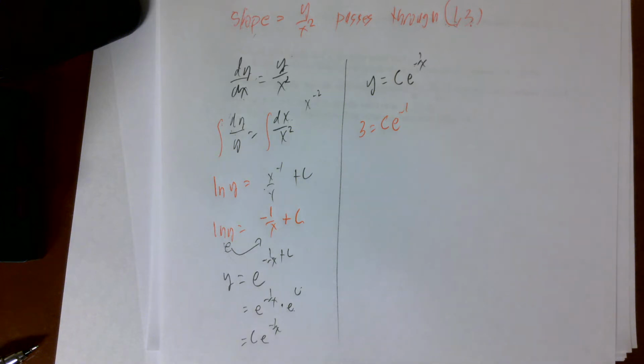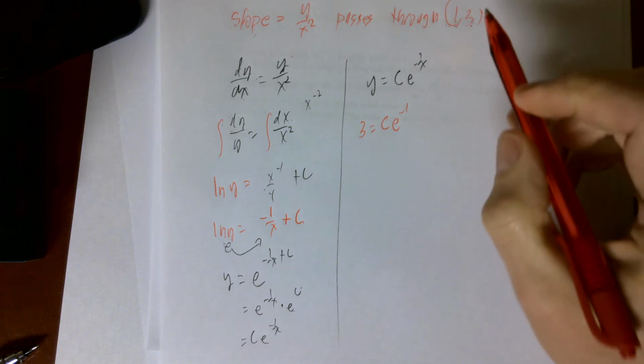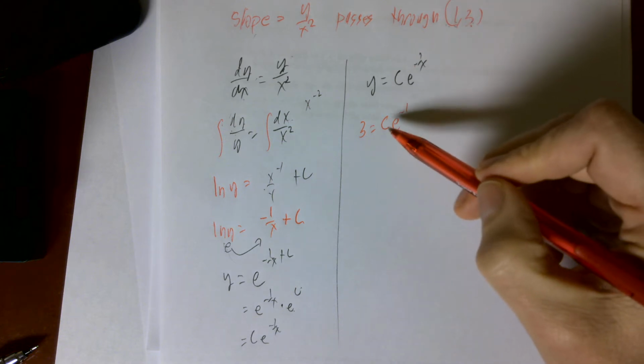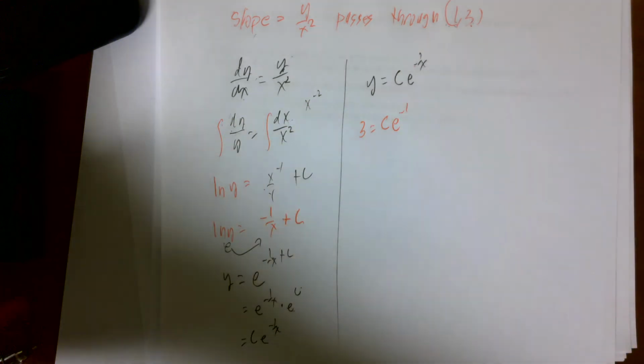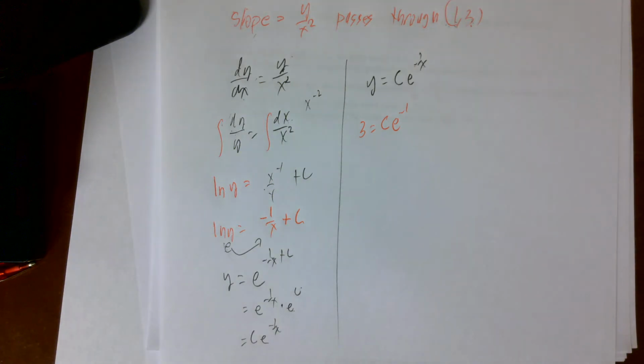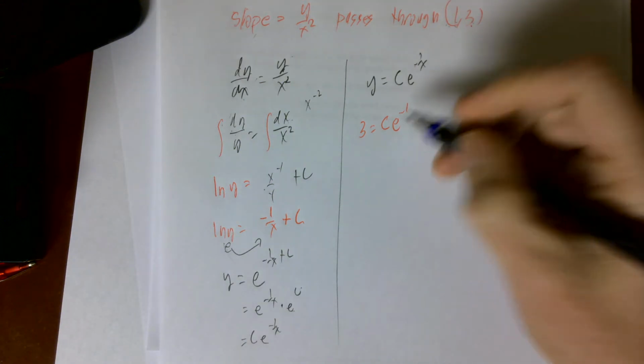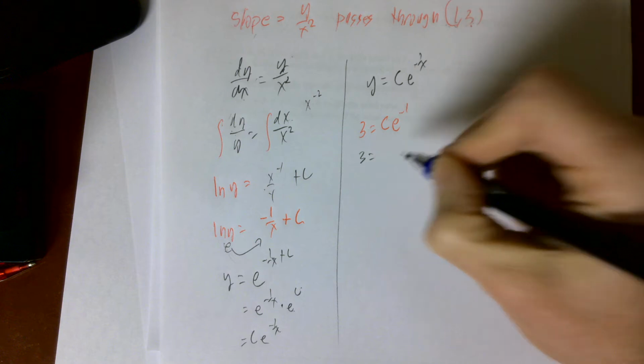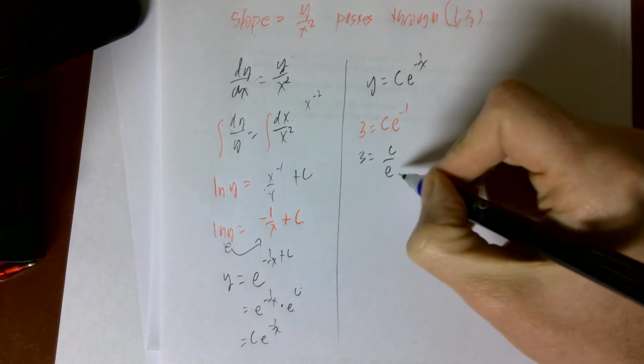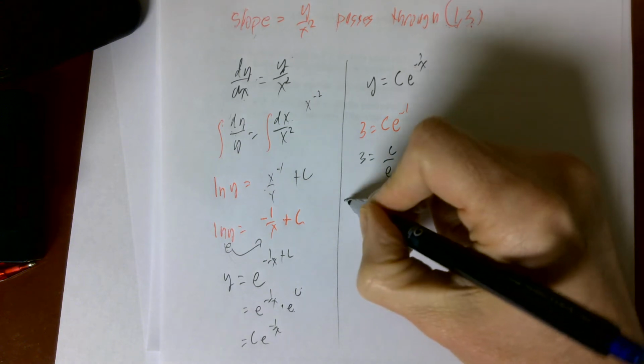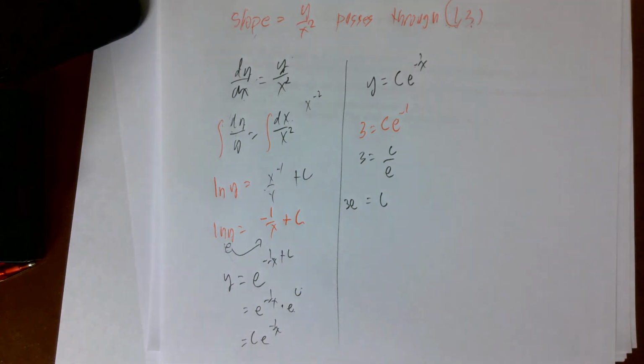Now we have to solve for c. Sometimes they make c a little more challenging to figure out. That's really 3 equals c over e, which means c is equal to 3e. So I had to do a little more work to figure out what c is.